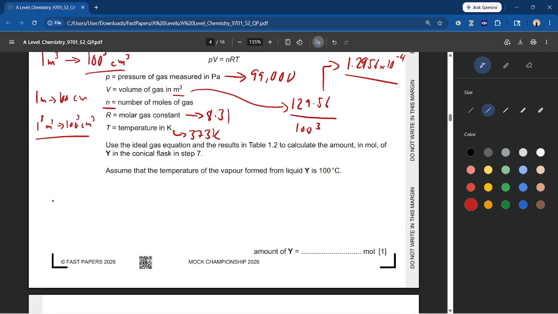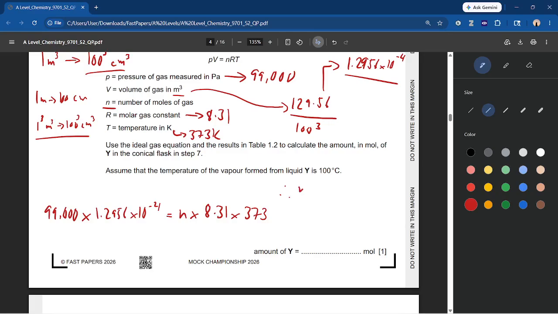Now, let's plug everything into our formula. So pressure, 99,000, times 1.2956 into 10 to the power minus 4 is equal to n times your molar constant, 8.31, into 373.